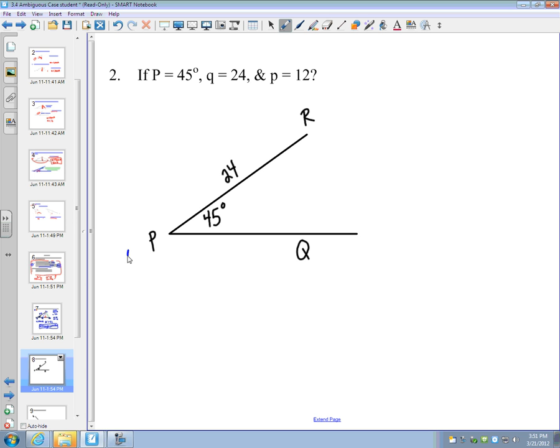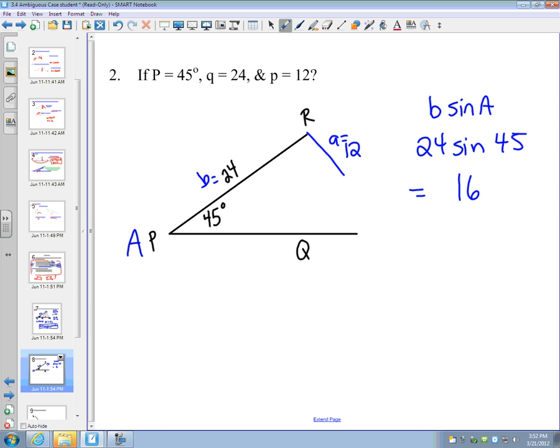Let's call this A. The side length right across from it, 12, is A. This we're going to call side length B. So we always want to look at B sine A. So we have 24 sine 45 is equal to 16.97.